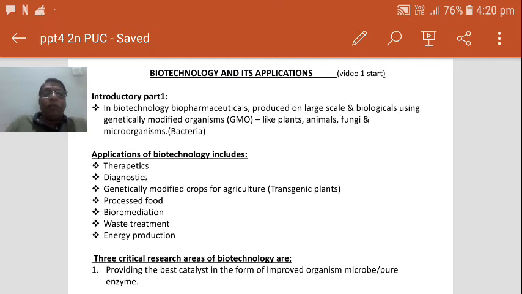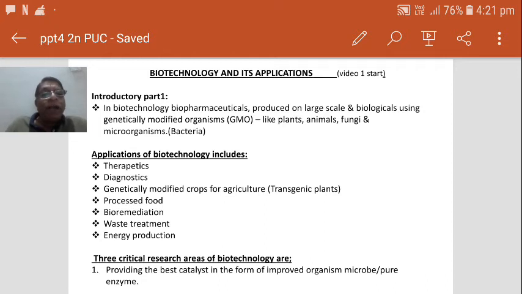Another application is bioremediation. Waste treatment. Waste treatment means controlling the environmental pollutions. Say, while transporting the petrol or diesel, if any oil spill occurs in the sea, it can be controlled with the help of genetically modified bacteria.